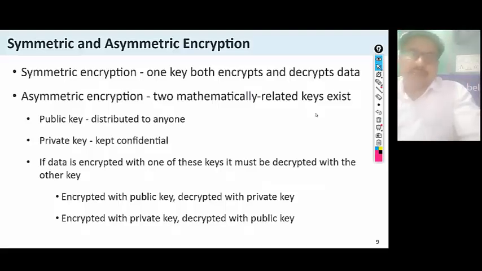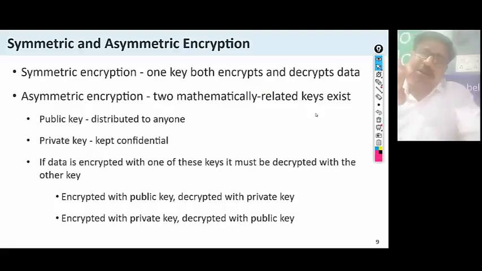The private key is held by the device or application which is going to encrypt the data on the server side, the application side, and the user side.